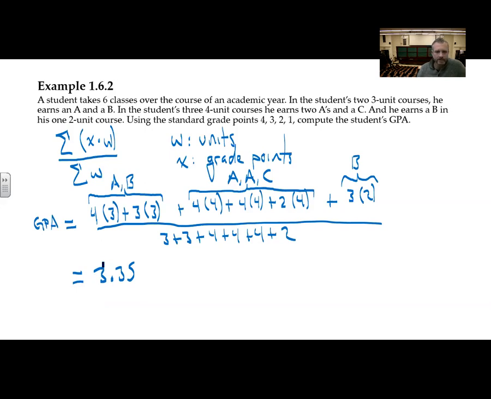Okay. I would encourage you to go back and make sense of this, right? See where this formula is being used. A lot of times you see a formula like this, and especially when you start seeing Greek letters, it starts to look intimidating.